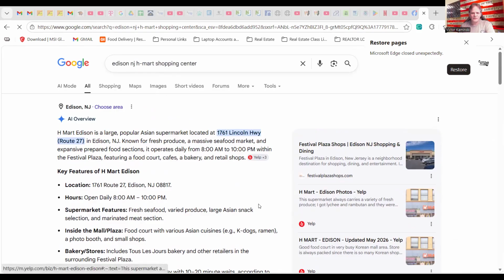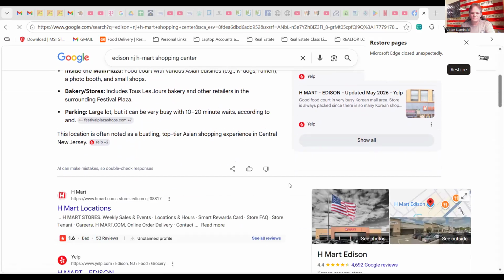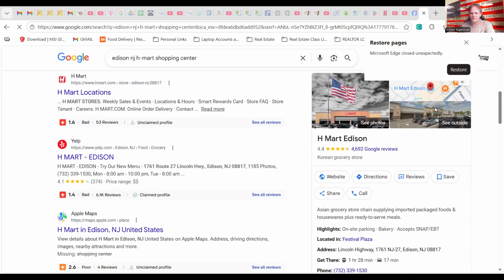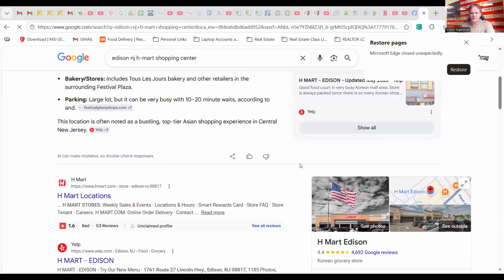Let me see if we can pull up some images, or even better, maps. I guess I have to pull it up by looking here. Come on. Why are we not opening?